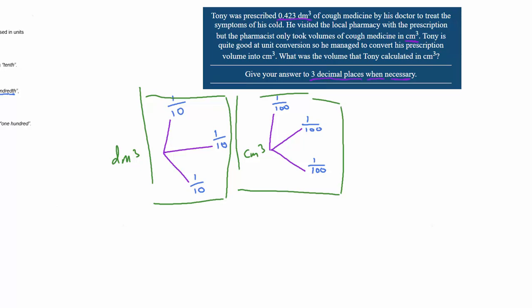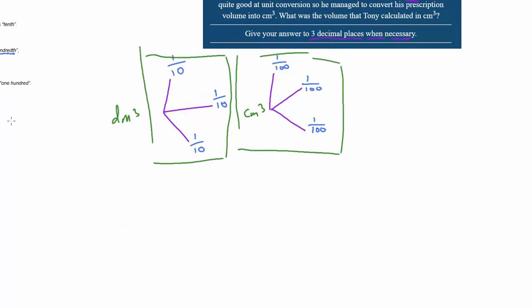So what I'm going to simply do is convert it to 1 over 100, to the power of 3, and here 1 over 10 to the power of 3. And so we're going to divide this by this.